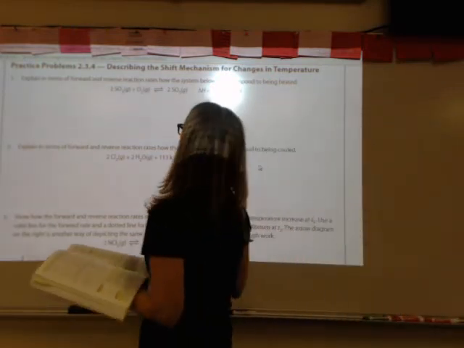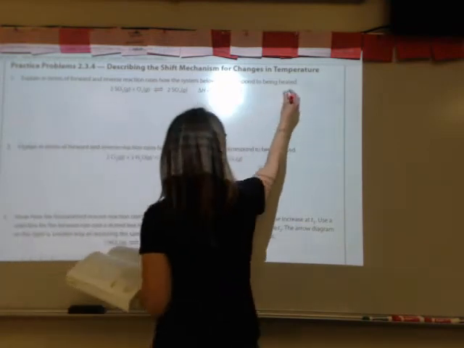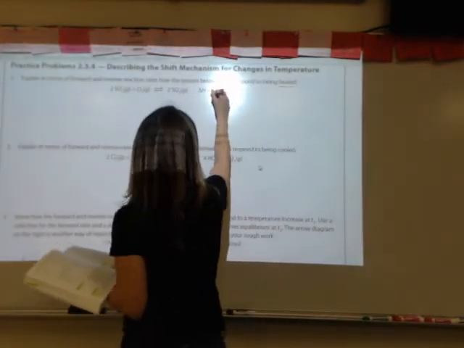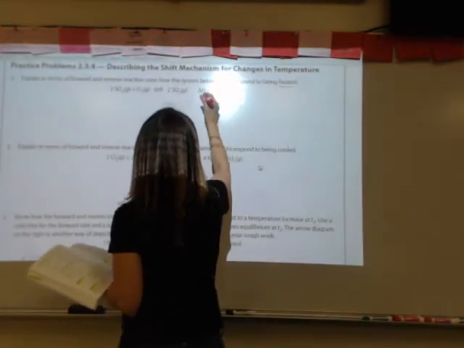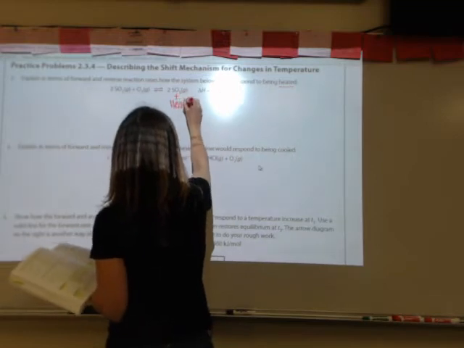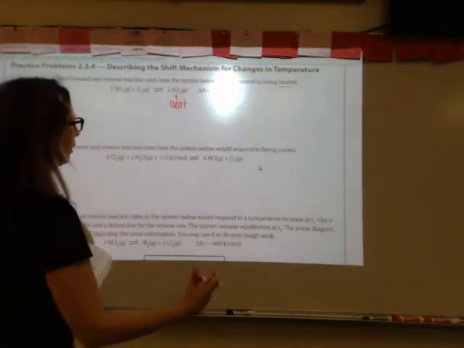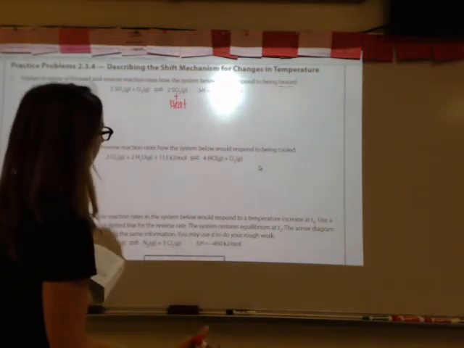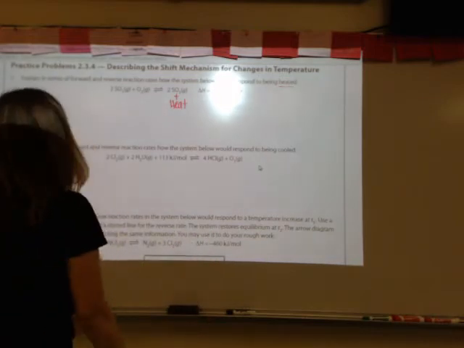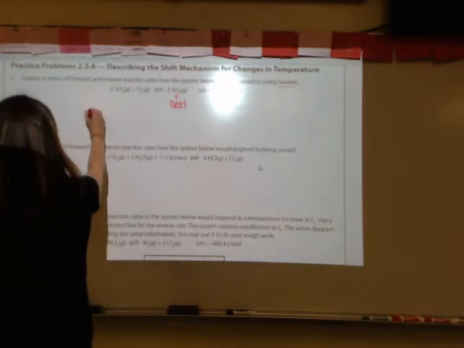Explain in terms of forward and reverse reaction rates how the system would respond to being heated. This is an exothermic reaction. Heat is a product. That's why I'm writing it in there. So if you heat it, you need to consume some of that heat that you added to help get you back to equilibrium, which means you're going to shift to the left.